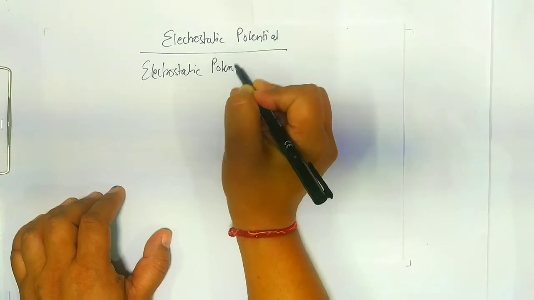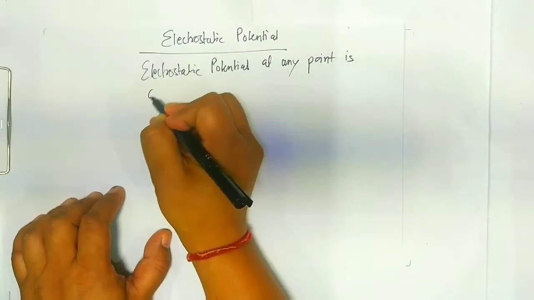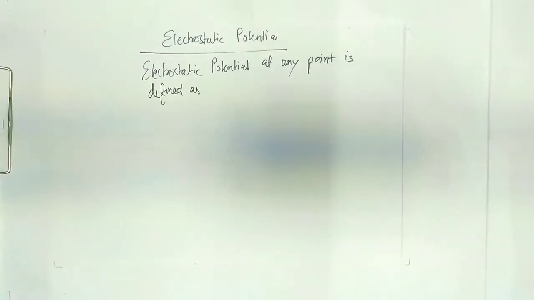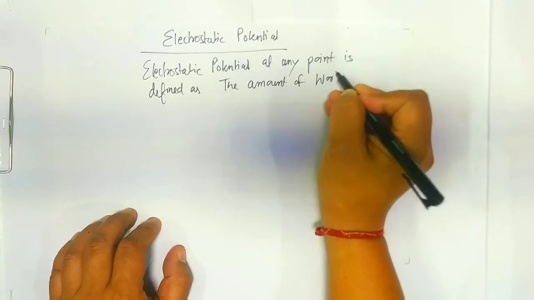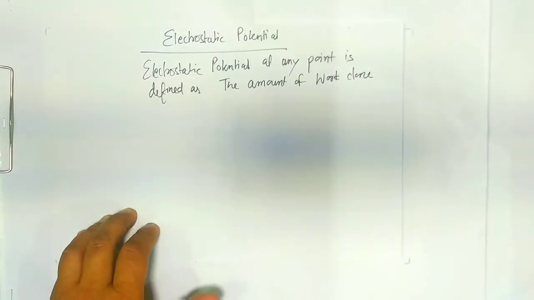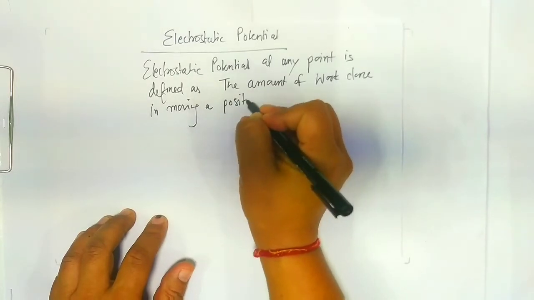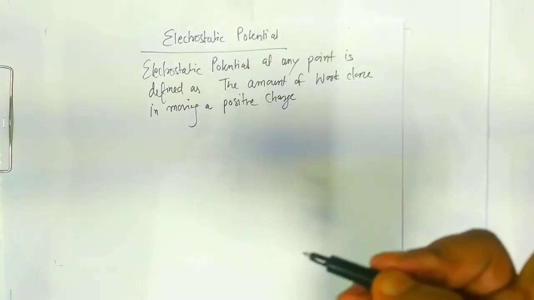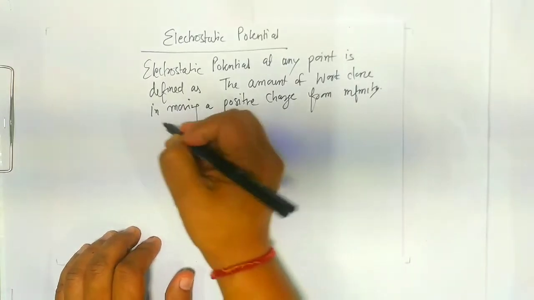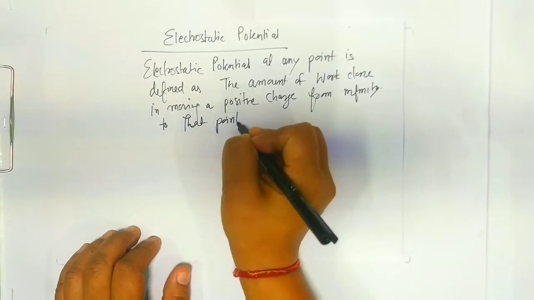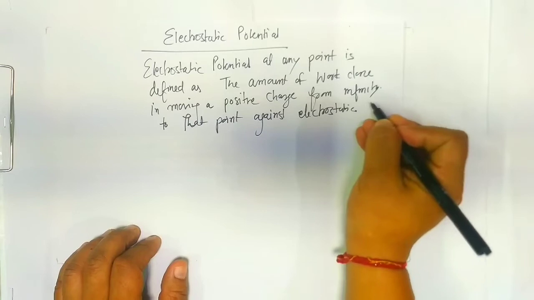Electrostatic potential at any point is defined as the amount of work done in bringing a positive charge from infinity to that point against electrostatic forces.